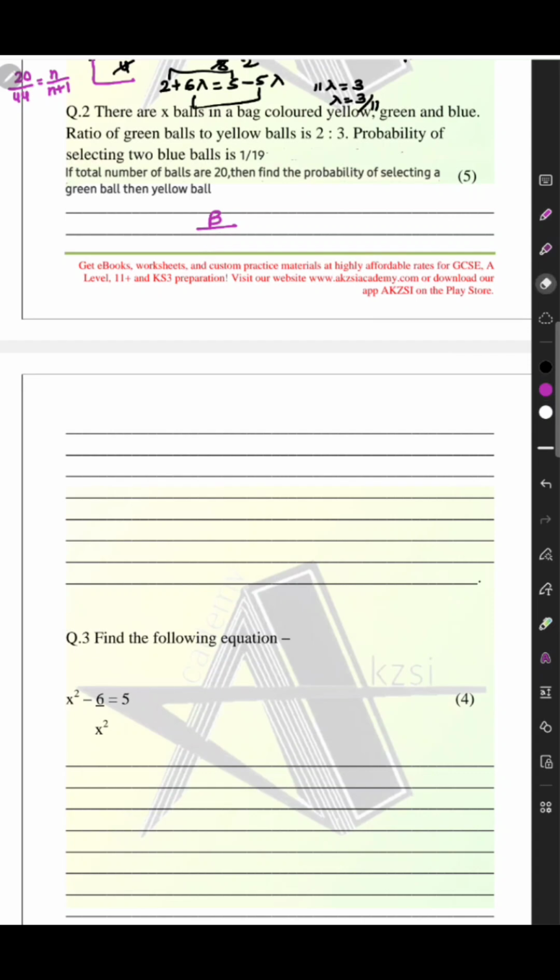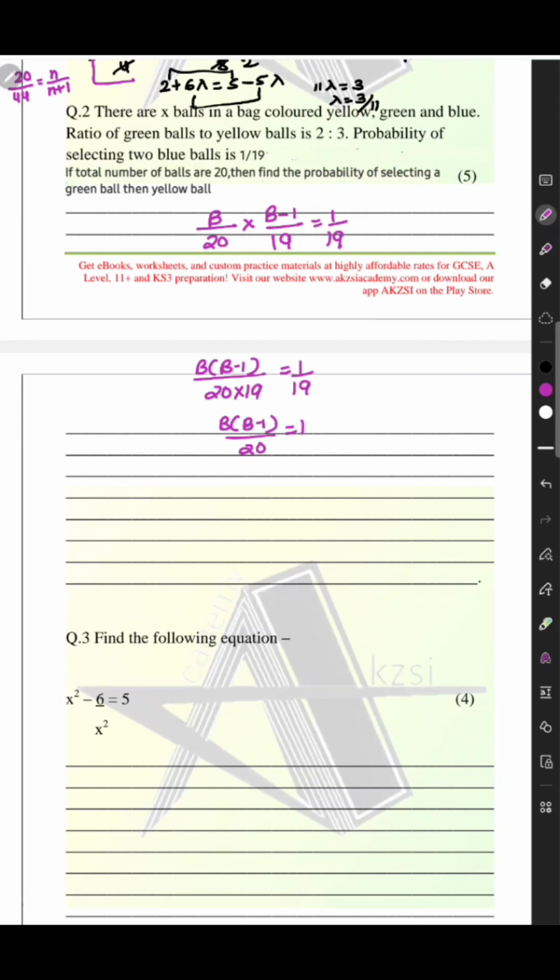So b over 20, and we have already selected 1 blue ball, so selecting a blue ball again, b minus 1 over 19 is equal to 1 over 19. So this will be b times b minus 1 over 20 times 19 is equal to 1 over 19. Multiplying by 19 both the sides would be much easier. b times b minus 1 over 20 equals 1.